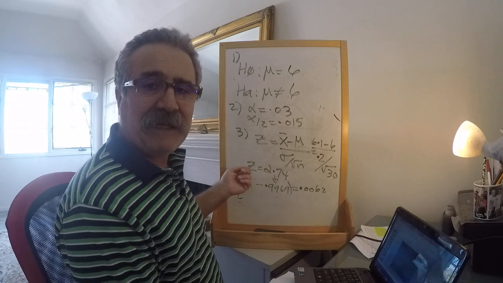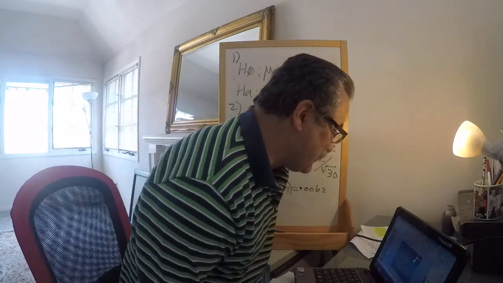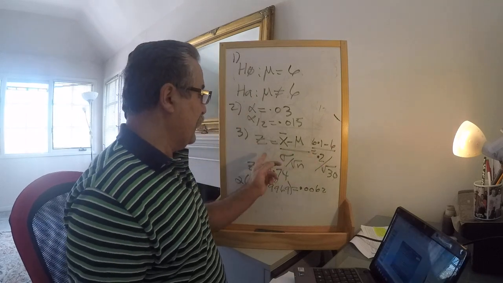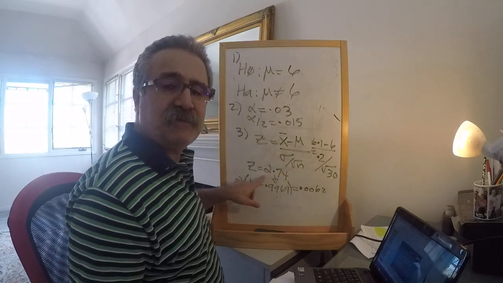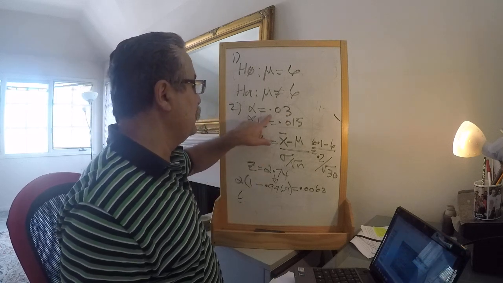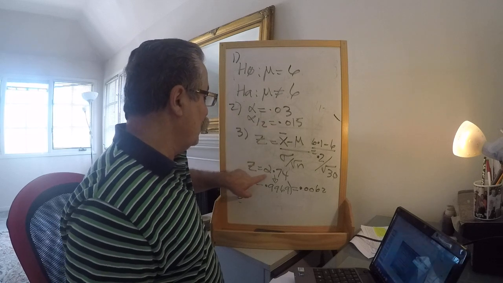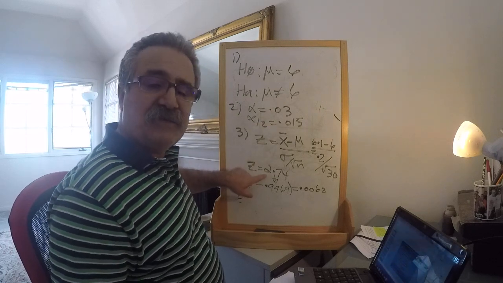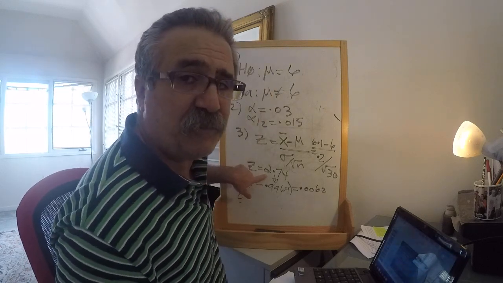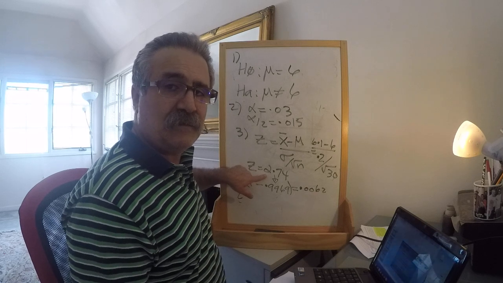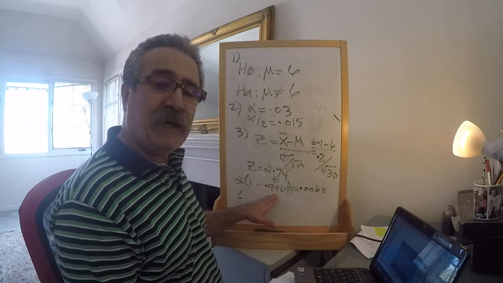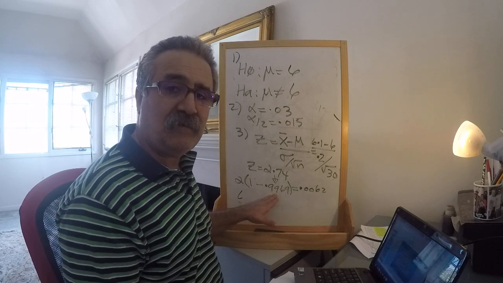Step number 3, calculate the test statistic, which is Z. We find a Z. Now we can either use just the Z to compare to Z of the given alpha, or we use the Z to go and find the area. This method is called p-value. So we find the area, which is 0.9967 from the Z table.